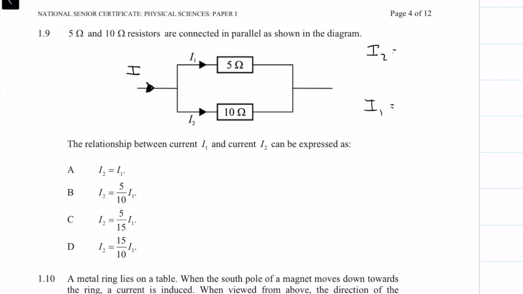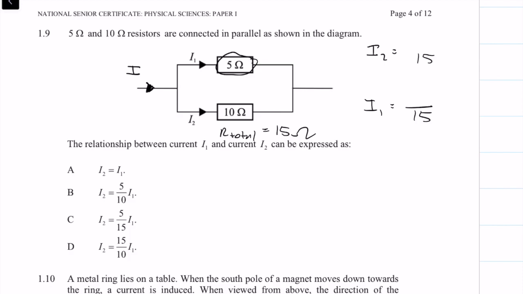Remember when we're splitting, the smaller resistor, that's actually I1. So I1 has the smaller resistor, so it's going to get the larger current. Okay, so we're going to have the total resistance equal to 15 ohms, so that's going to be in my denominator for both of them.